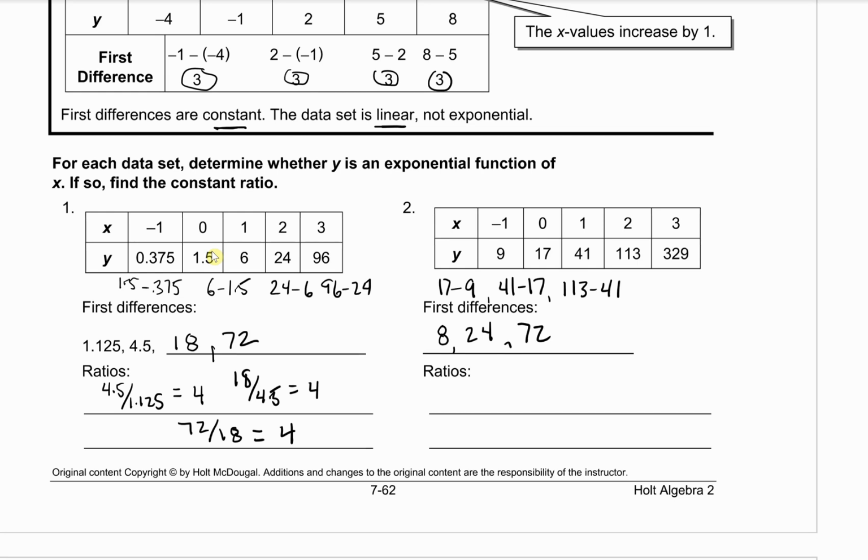And 329 minus 113. That is 216. All right, now here's a big hint.